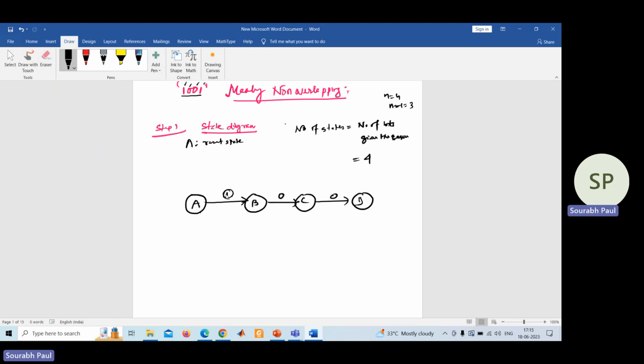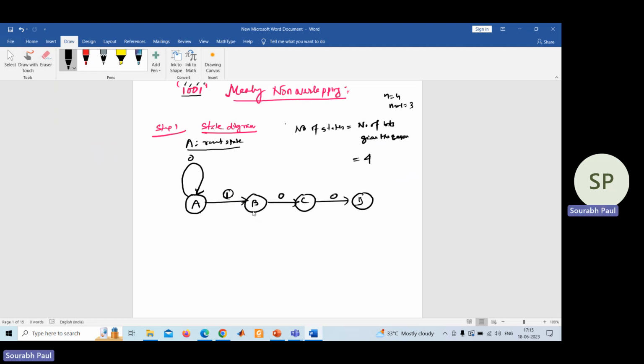You didn't consider the input of 0. So for input of 0 at A, you need to make a self loop. As I already told, A is the reset state. Whatever the remaining input is left, whether it is 0 or 1, you need to make a self loop for the reset state. Since the remaining input is 0, you make the self loop.